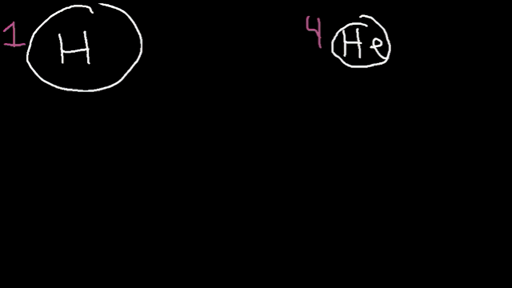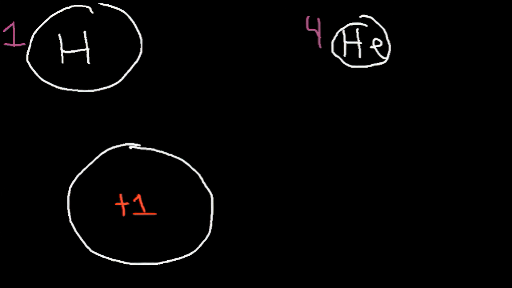Now, hydrogen has only 1 proton in its nucleus, so the charge of the nucleus is +1. And it has 1 electron. Helium has 2 protons in its nucleus, and it has 2 electrons.